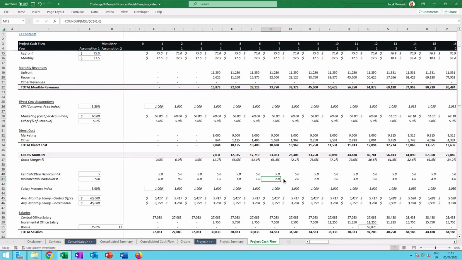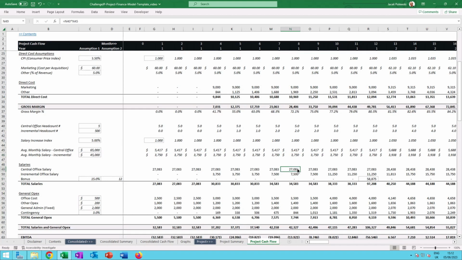So that's very simple. Again, that's related to the number of customers, or number of homes, that you have connected to your network in total. And that will determine the level of incremental headcount that you need. You can call it operational headcount or customer service headcount, however you want to call it.